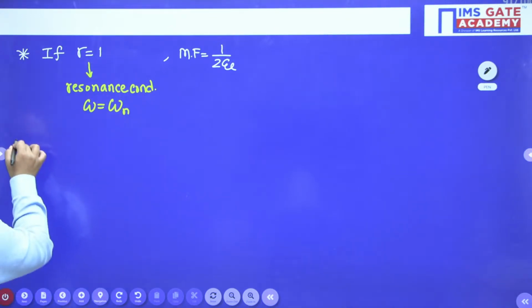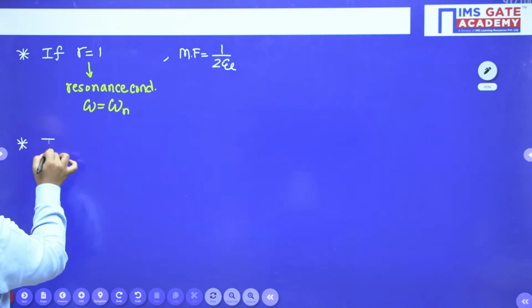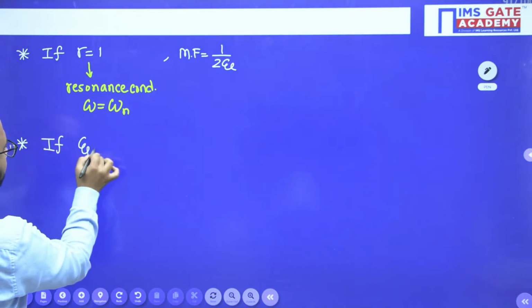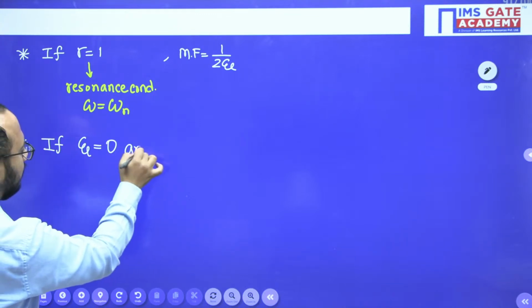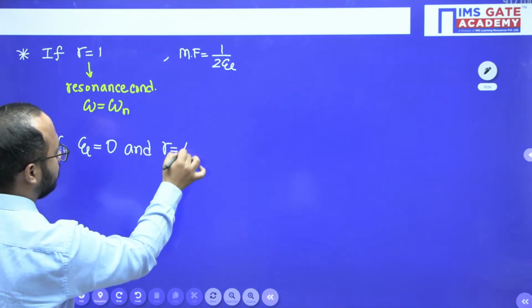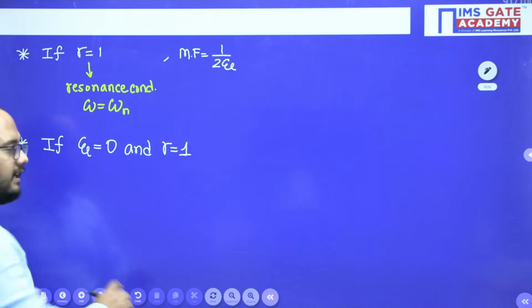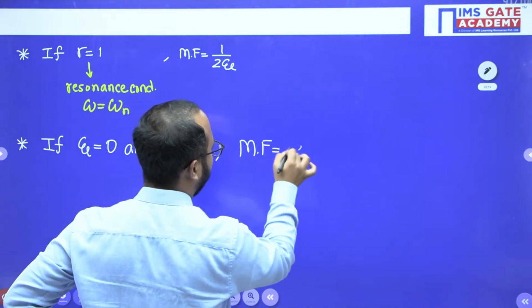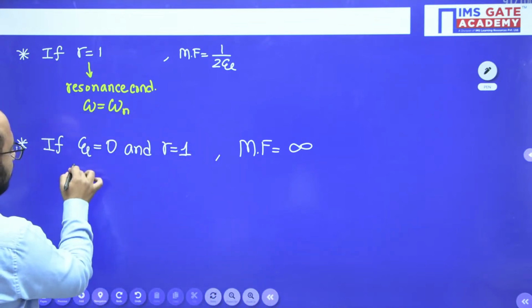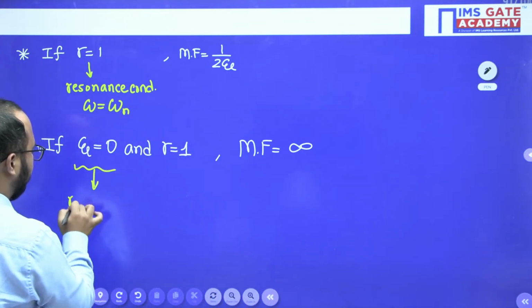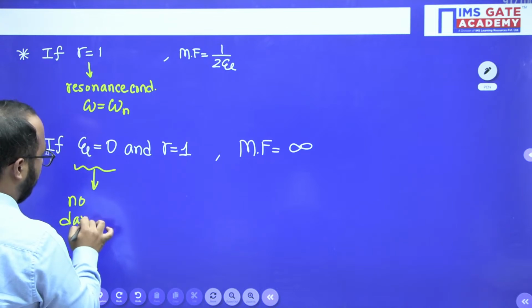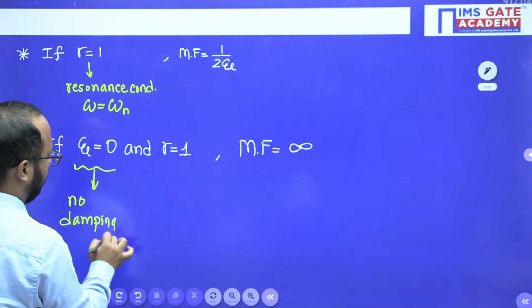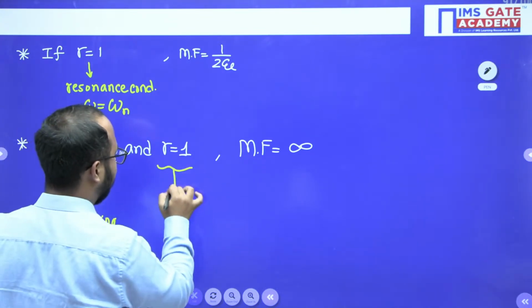See, another point: if the damping factor is 0 and R value equals 1, in that case the magnification factor will become infinite. Damping factor 0 basically means no damping, and R equals 1 basically means resonance.